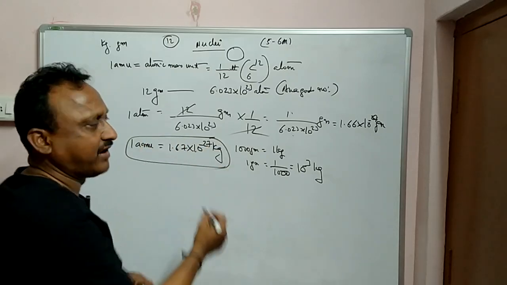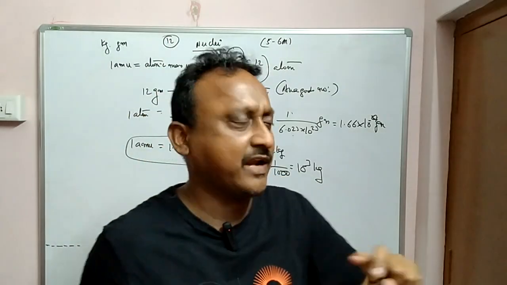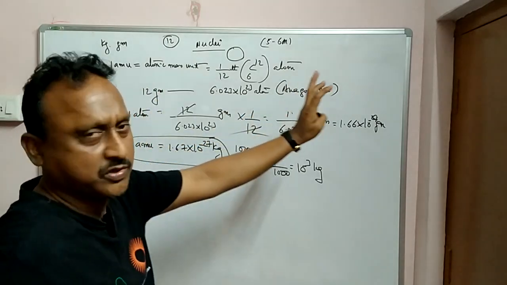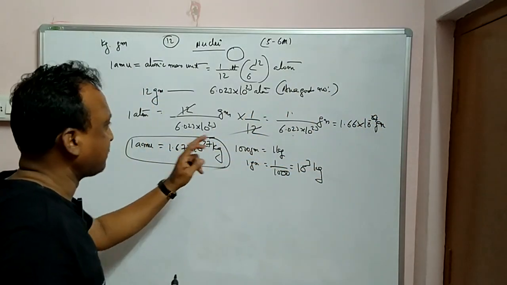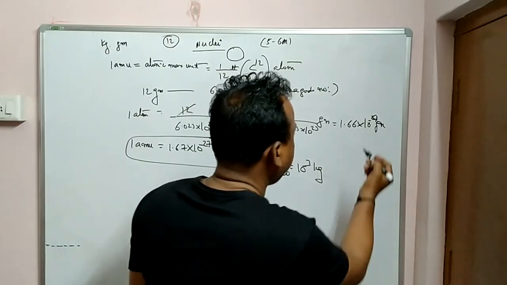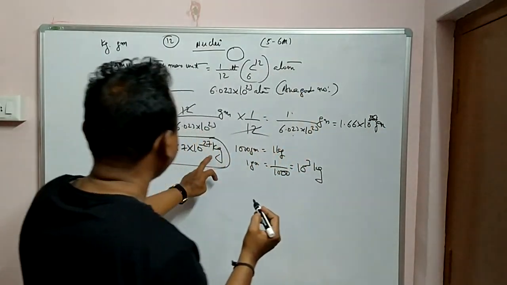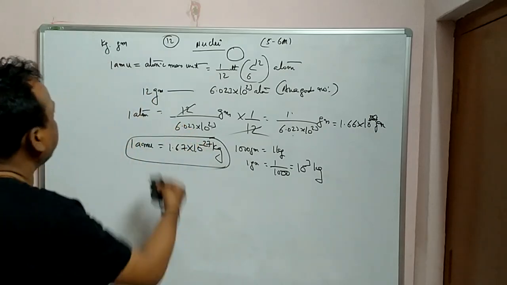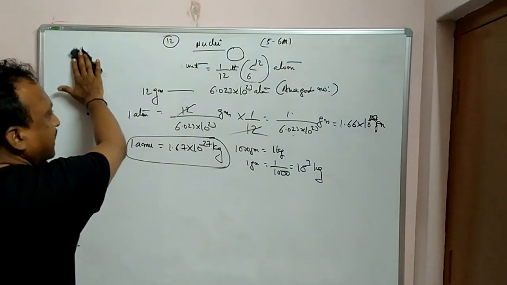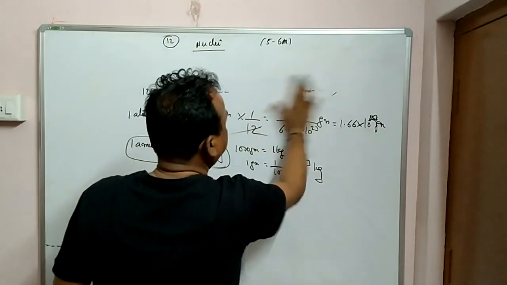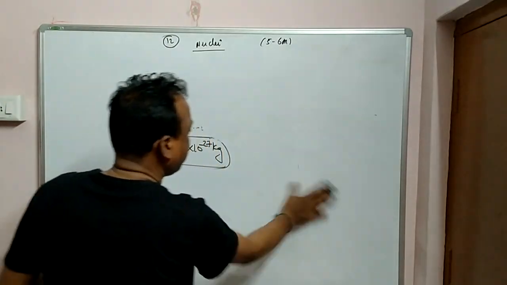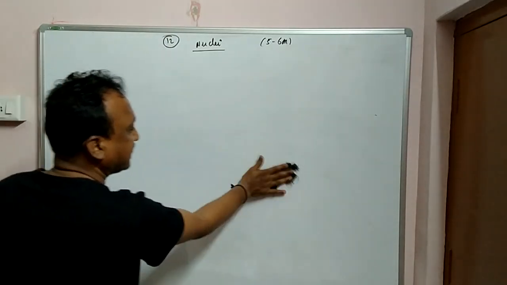So one AMU, the atomic mass unit, is equal to 1/12th of a neutral carbon atom, taken as 1.66 into 10 power minus 24 grams or minus 27 kgs. In future, you will adopt this value for all numerical problems.